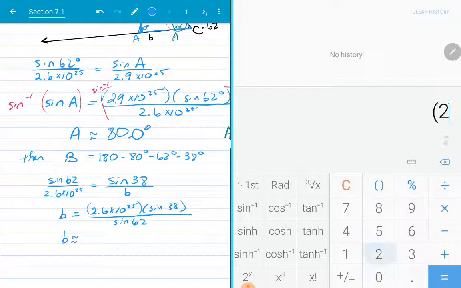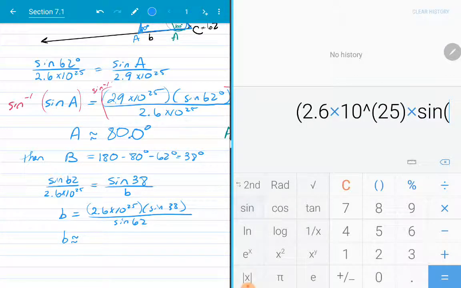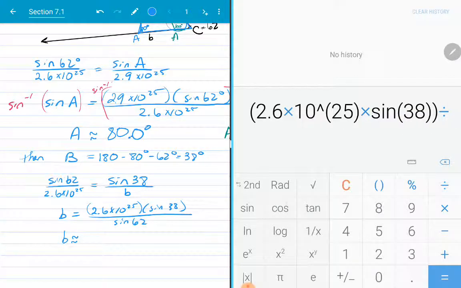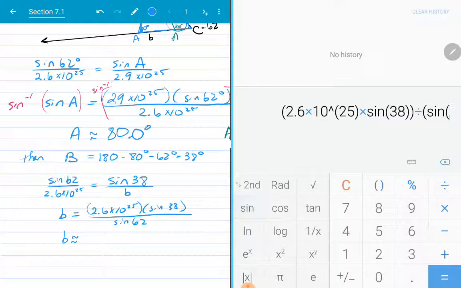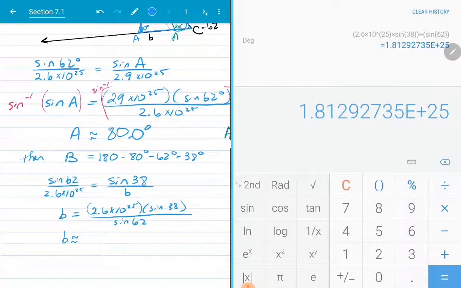Let's use parentheses, 2.6 times 10 to the power of 25, close the exponent parentheses, times the sine of 38, close the sine, close the numerator parentheses, all of that divided by parentheses for the denominator, I'm going to do sine of 62. I say when in doubt, put an extra parenthesis in, it never hurts. Well, if you put it in wrong, it would hurt, obviously, but when in doubt, put it in. Better too many than not enough.